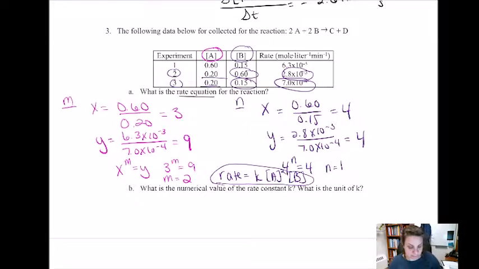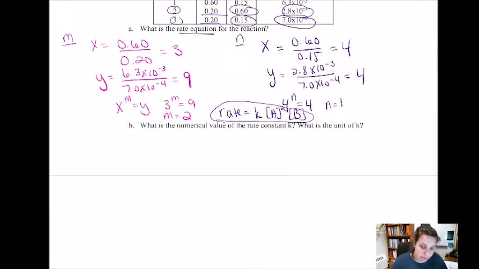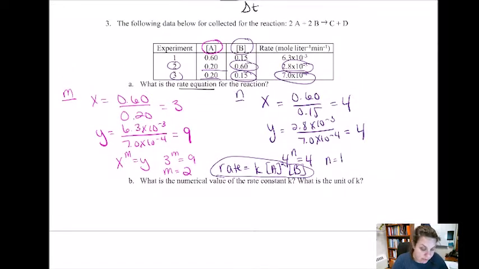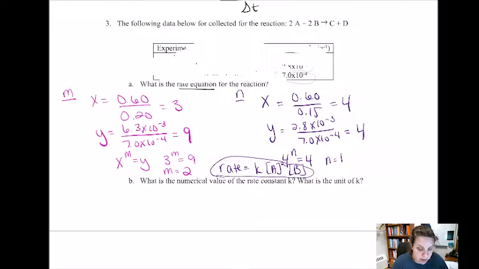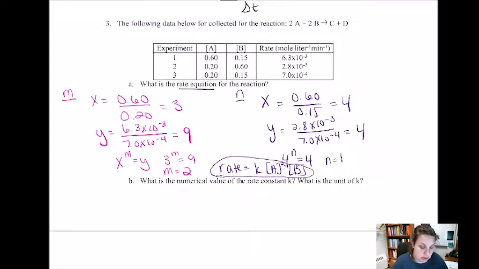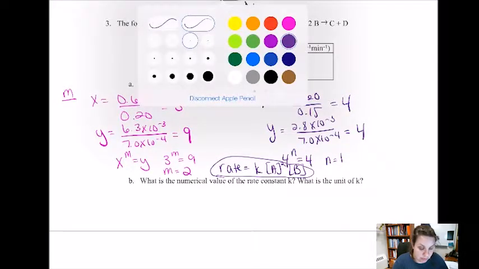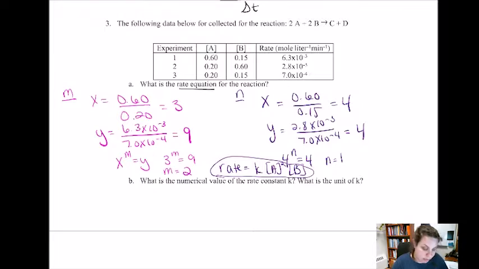We want to now use the information we just gained to determine our numerical value for K, and we want to know its rate constant. So it doesn't matter what experiment you use. I'm going to go with 1. Just any experiment, just stay consistent, so you'll use the concentrations for the experiment you choose, and the rate.